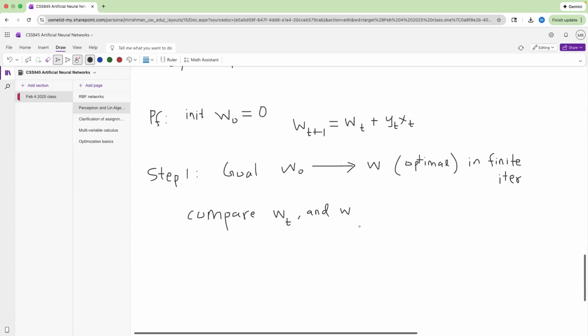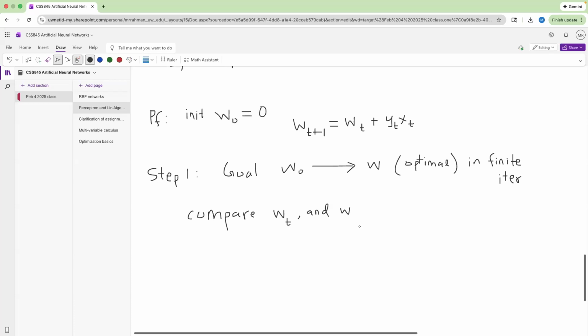So we want to see how we are moving towards the optimal W. One question I have for you is, how can we measure how close WT and W are? These are both vectors, and we want to see how close two vectors are. Is there a way to measure this mathematically?